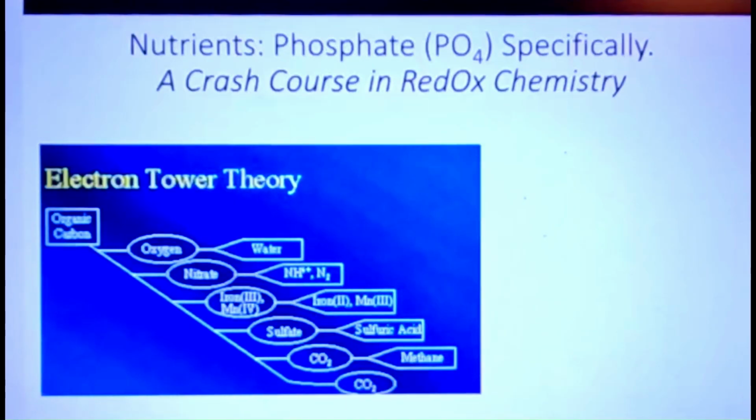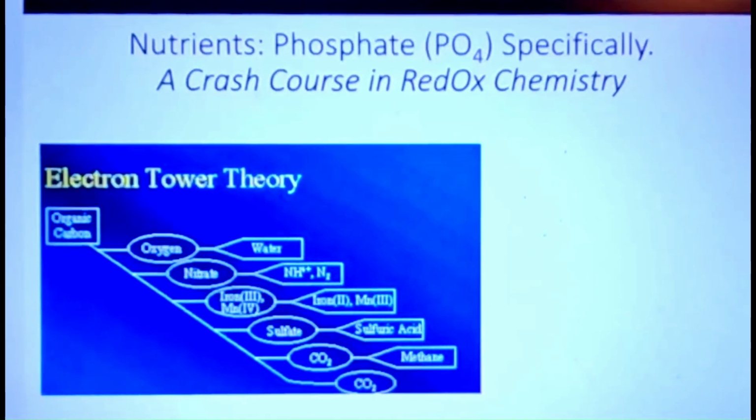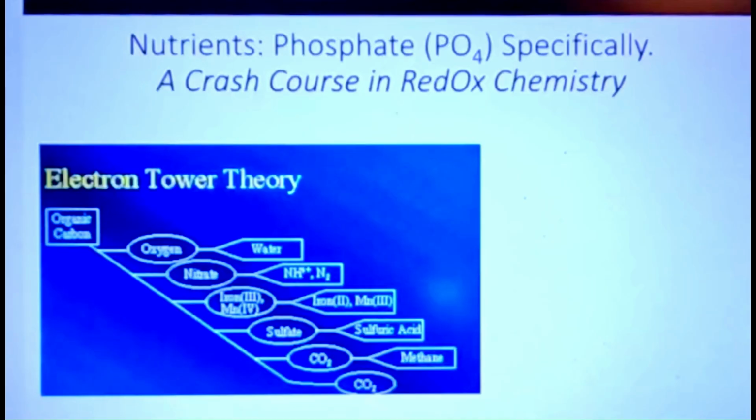So, let's talk about nutrients: phosphorus, or phosphate specifically. This is going to be your one crash course in redox chemistry. There's this concept called the electron tower. Simply put, in order to break down organic matter, to break down muck, the muck needs to give up something.